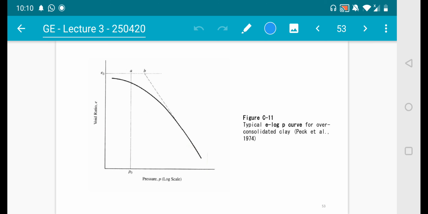If you follow the steps and B falls on the right side of A, this is an overconsolidated clay. So based on this graph, void ratio versus pressure, you just define the point B, and whenever it's positioned on its respective left or right side, that is when you know what type of clay you're going to deal with.